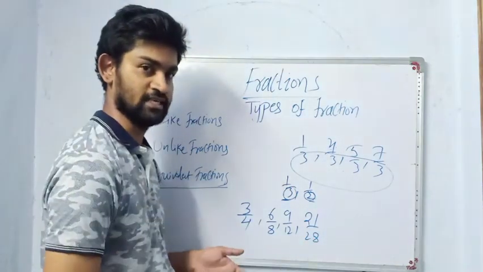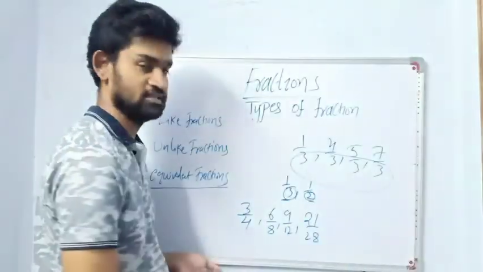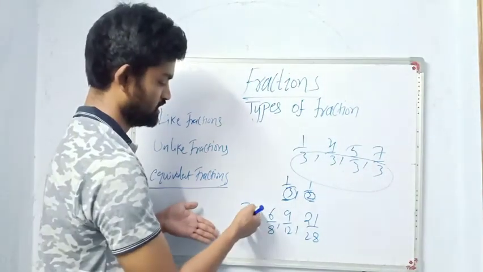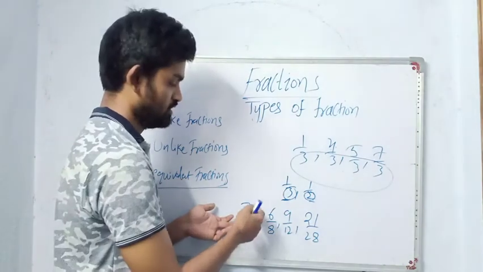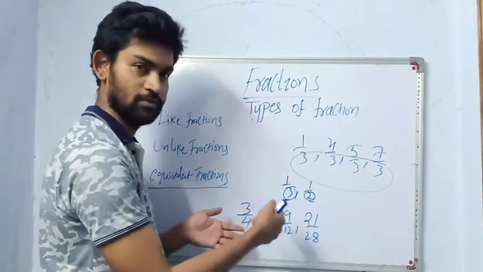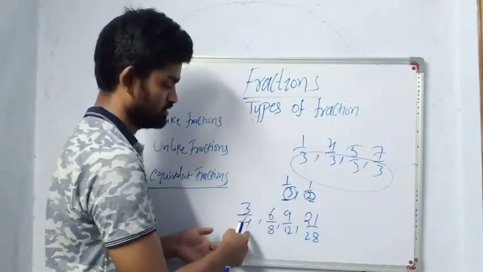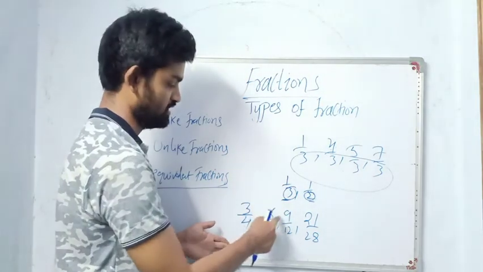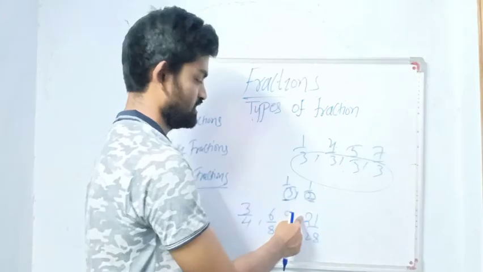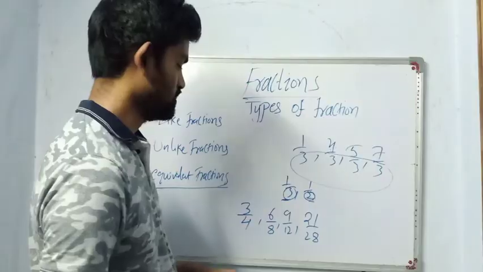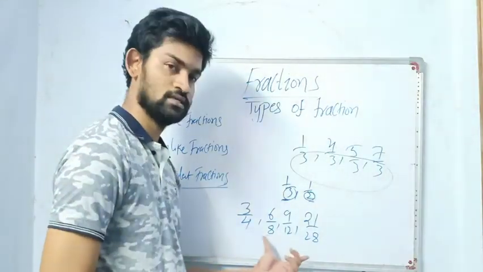So let us see the value of this. See, 3 ones are 3, 4 ones are 4. It's multiples. You know tables, no? 3 2s are 6, 4 2s are 8, 3 3s are 9, 4 3s are 12, 3 7s are 21. So these are all called equivalent.